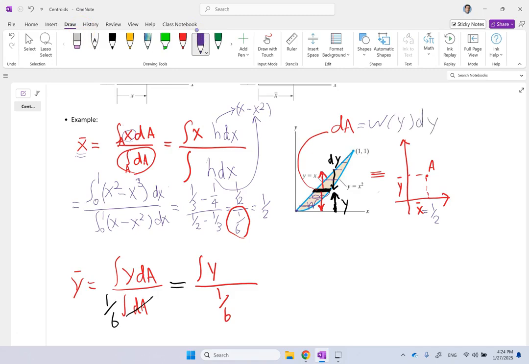Now, what kind of function is that? Well, guess what? If I have this x of this left point and x of the right point, and I subtract them, x of right minus x of left, that's all the width of this one is. Now, what is x of the right? x of the right is coming from this curve. What is x here as a function of y? x here is square root y. If you take a square root from both sides, you see x is square root y.